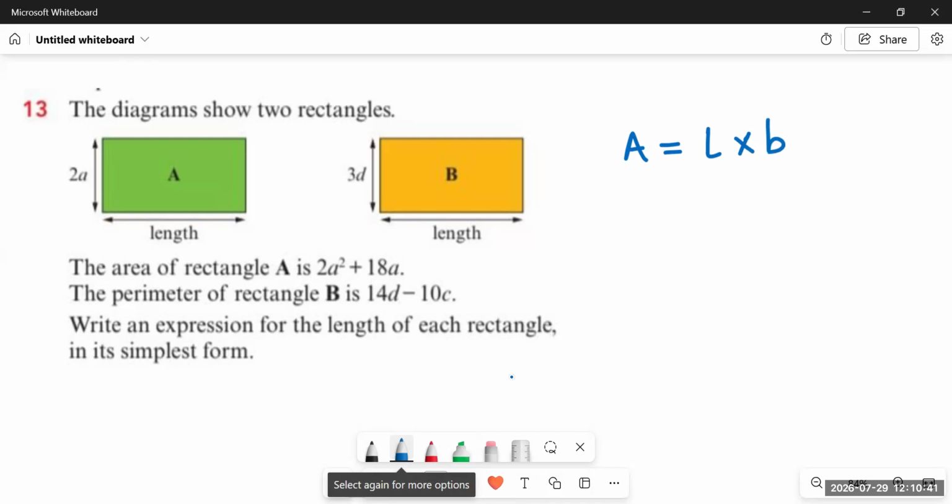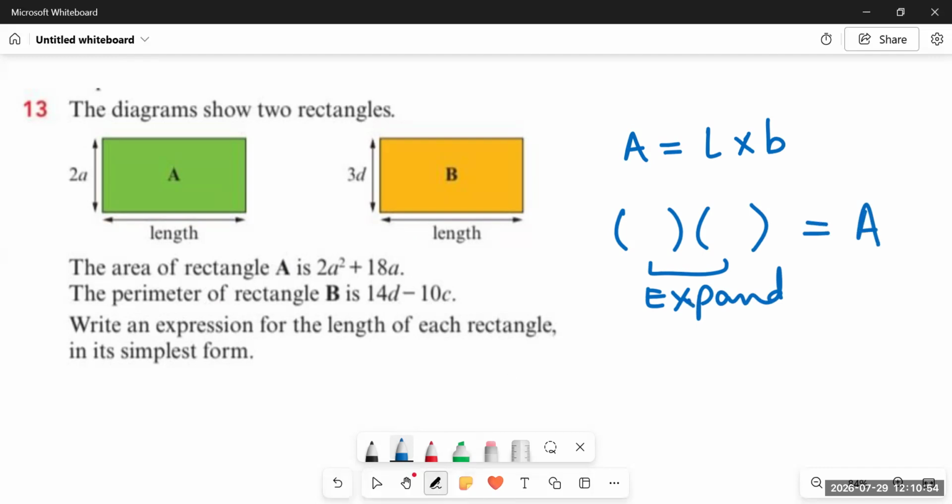It means that if length and breadth are given, upon expanding, we will get the area. Because when we multiply length with breadth, we will get the area. But if the area is given, upon factorizing it, we will get the factors. So always remember, this is a rule.